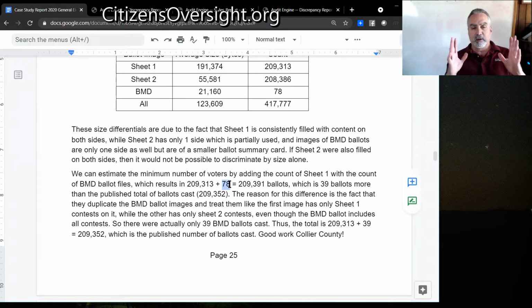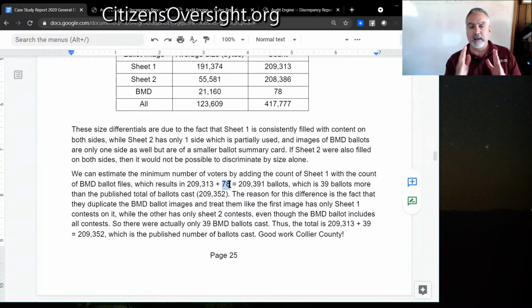So again, when you have the 2 sheets, you have a sheet 1 and a sheet 2. Those are treated separately. They have separate line items in the cast vote record file. And those are like one ballot, but they're split up.